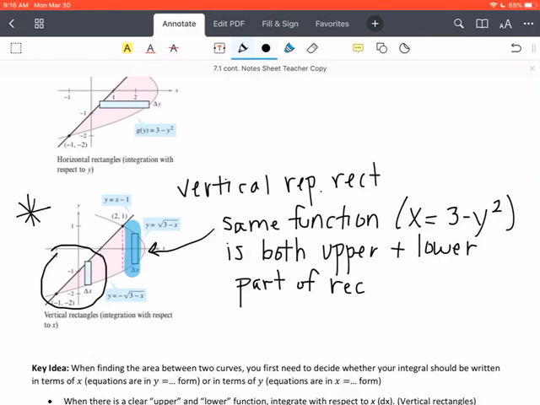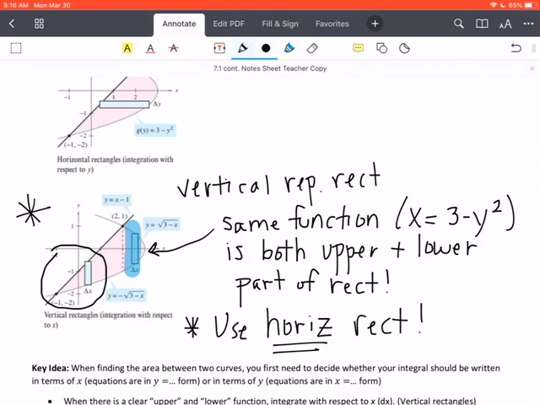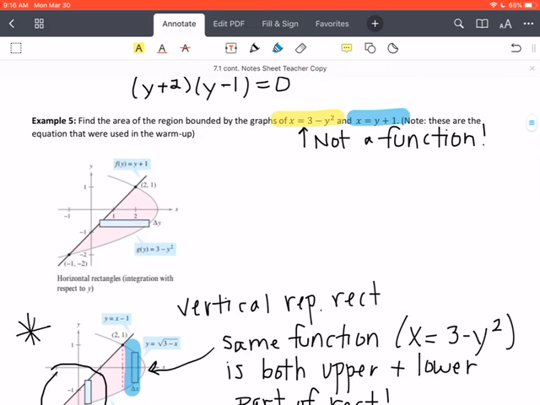When this occurs, we have two options, and I'm going to teach you the main option, which is to turn to horizontal rectangles. That is what I'm going to show you in the diagram above here.